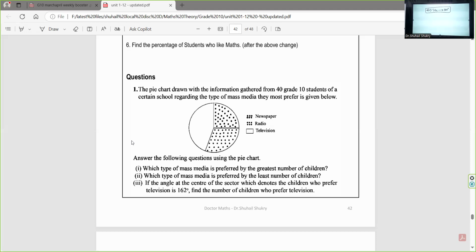This is okay for those days. Nowadays you have to put mass media. But what are the mass media you are using nowadays? Instagram, WhatsApp. Those are the things you use to see news and all. But nowadays the most used things are Instagram or WhatsApp.